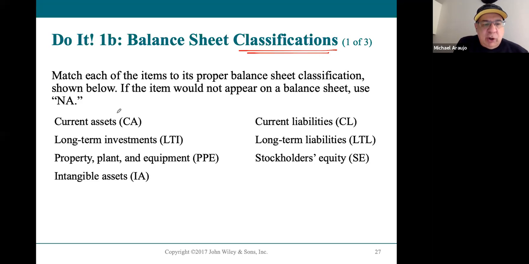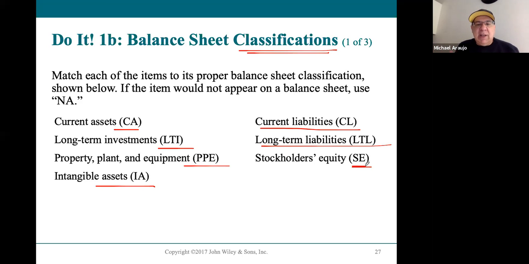And again, we learned that there were 4 types of classifications for assets. Current assets, long-term investments, property, plant, and equipment, and intangible assets. And we just learned that liabilities are broken into current liabilities and long-term liabilities. Notice that there is no need to break up or classify stockholders' equity accounts.